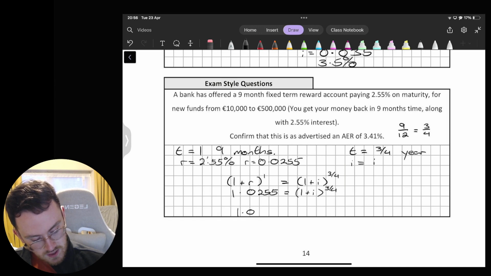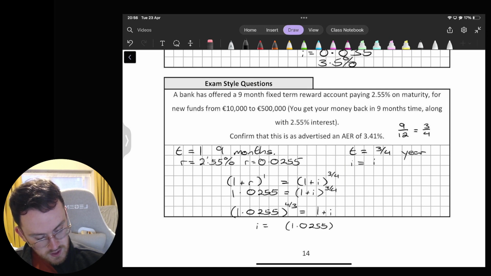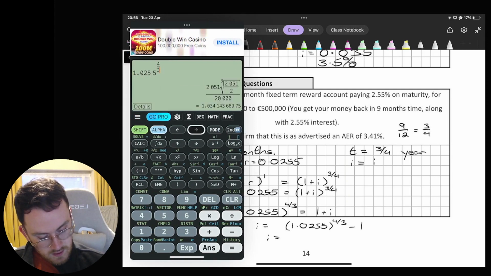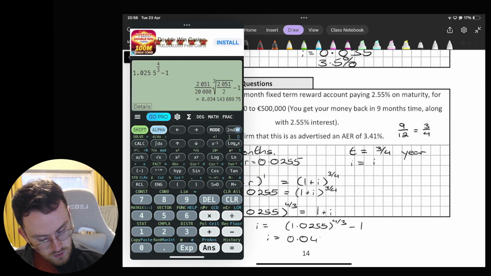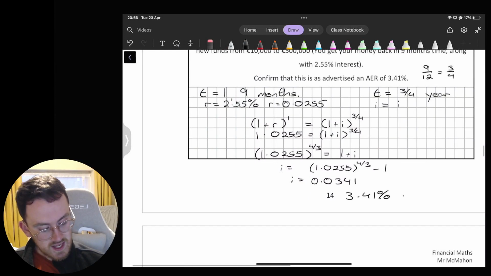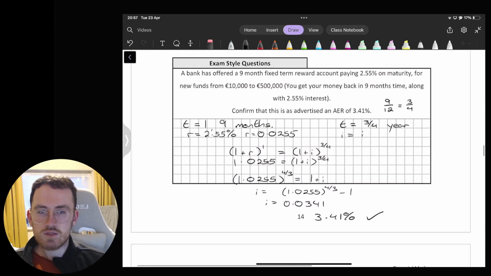So let's just get the 3/4 root, if you like, which would be 4/3, 1 plus i, and i is 1.0255 to the power of 4/3, take away 1, and I can use that to work out my overall value then for i, which is 0.0341, which is an interest rate of 3.41% as required.